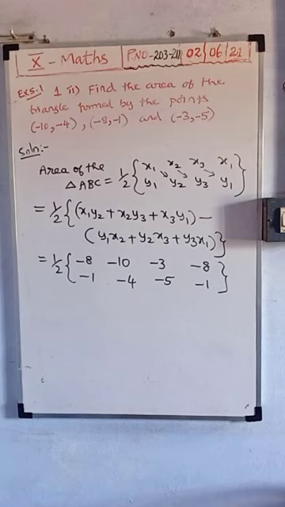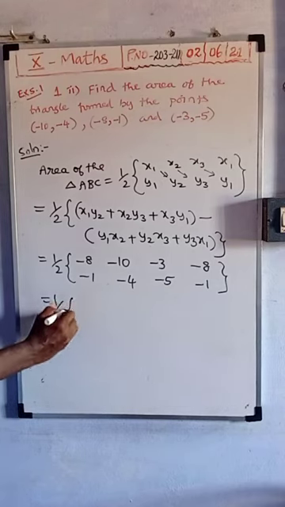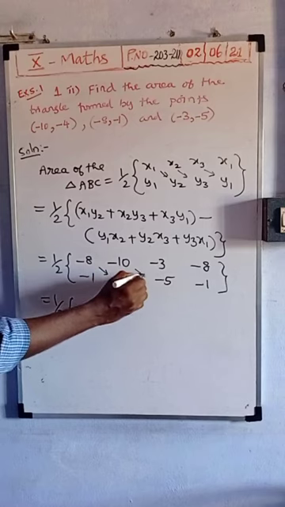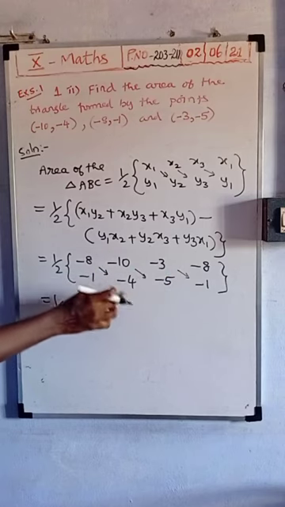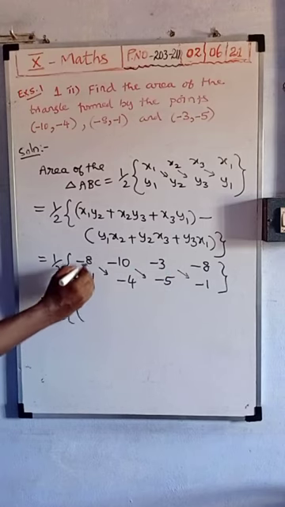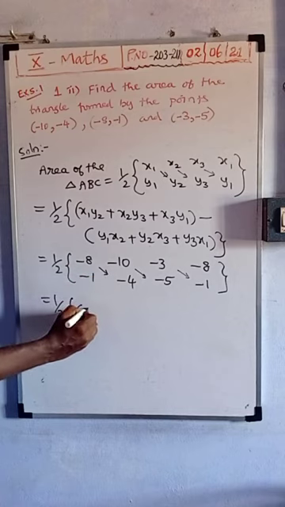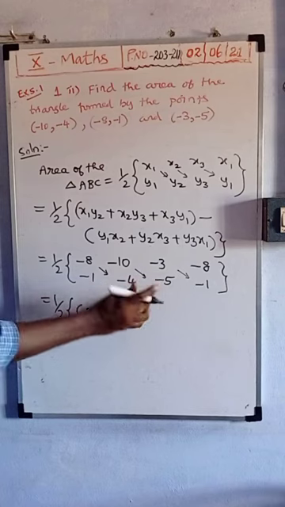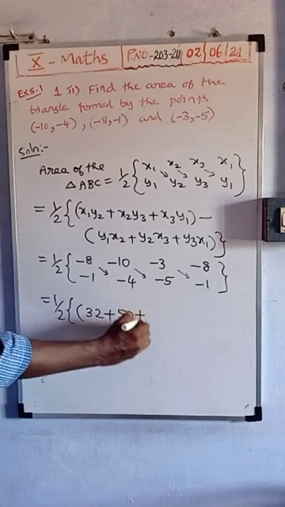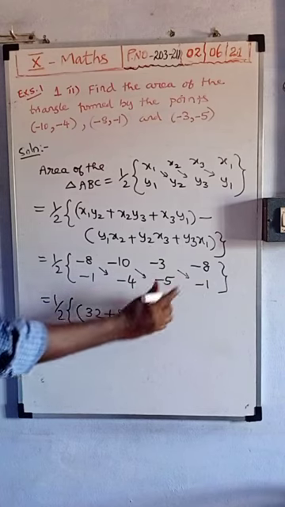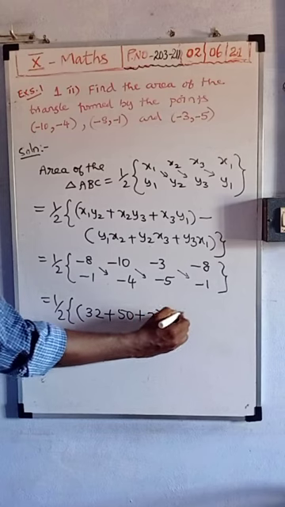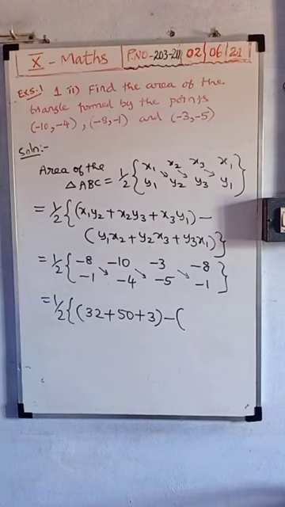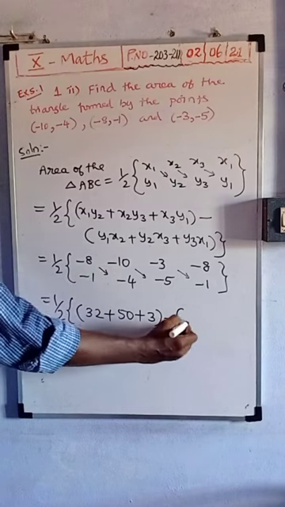Okay, now next you see, half of, now up to down you should multiply. Minus and minus plus, so 8 4s are 32. Next in the center plus, minus and minus plus, 10 5s are 50. Plus next minus and minus plus, 3 1s are 3. Then close the bracket, then minus of, next down to up you want to multiply, minus and minus plus, 1 10s are 10.